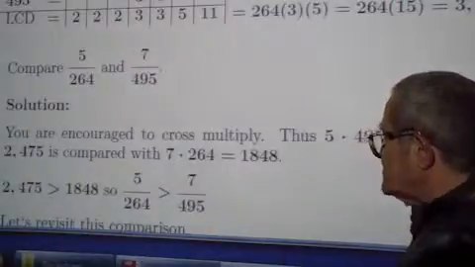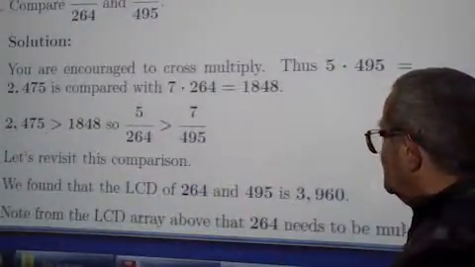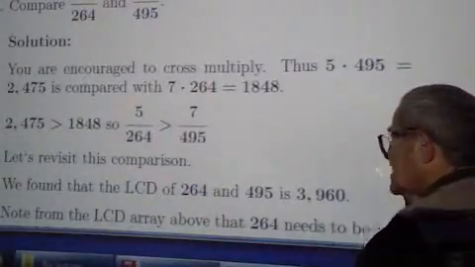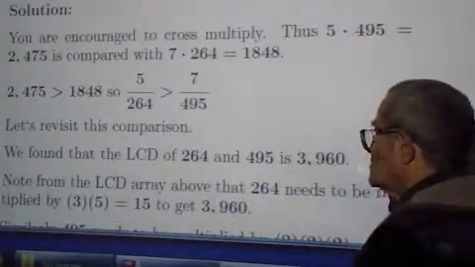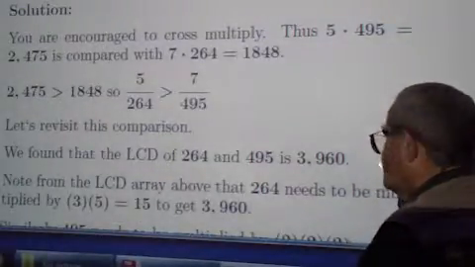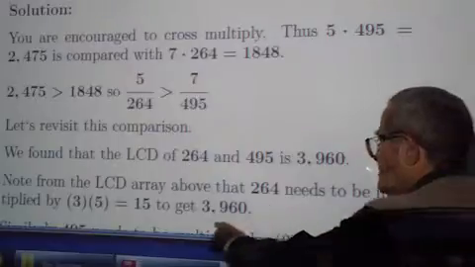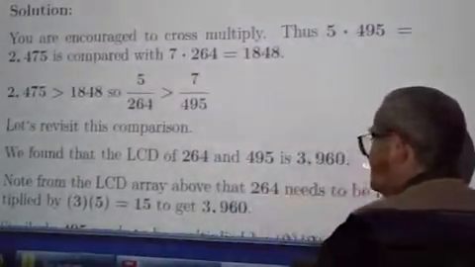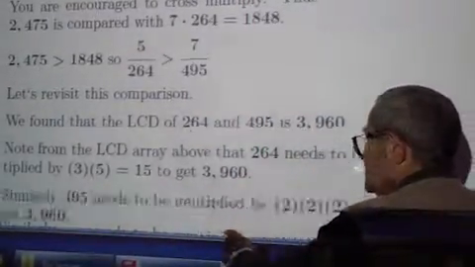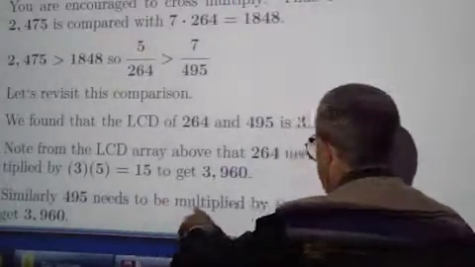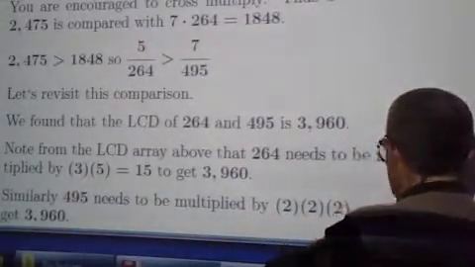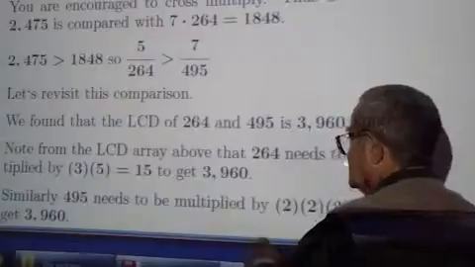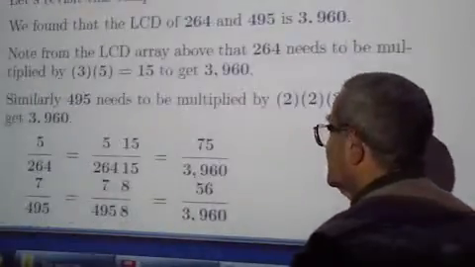Now, let's revisit this comparison. We found the LCD to be 3,960. Note from the array above that 264 needs to be multiplied by 15 to get that number, and 495 needs to be multiplied by 8 to get the same number, the least common multiple.